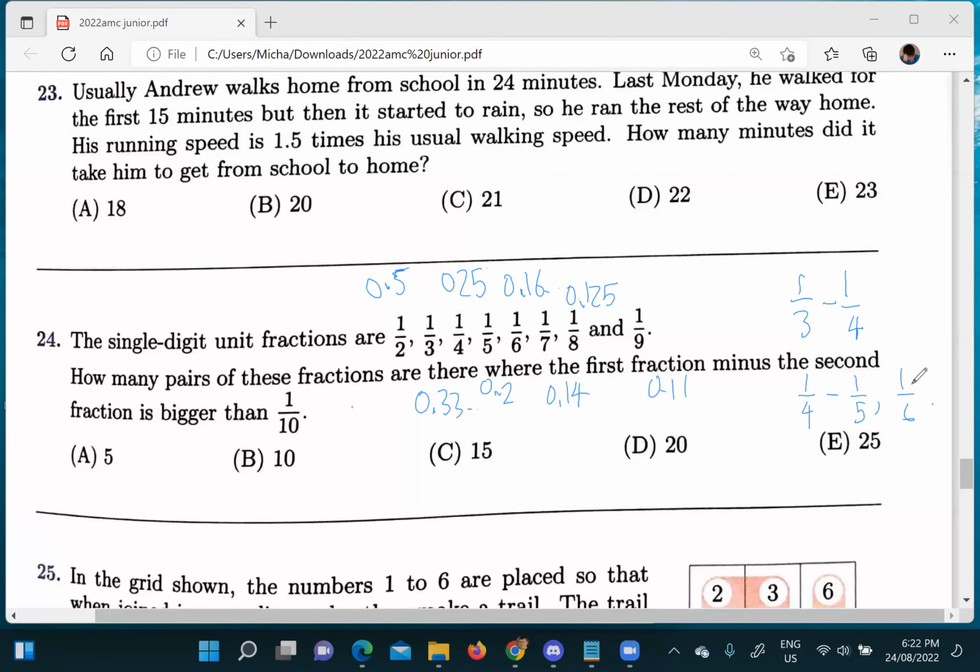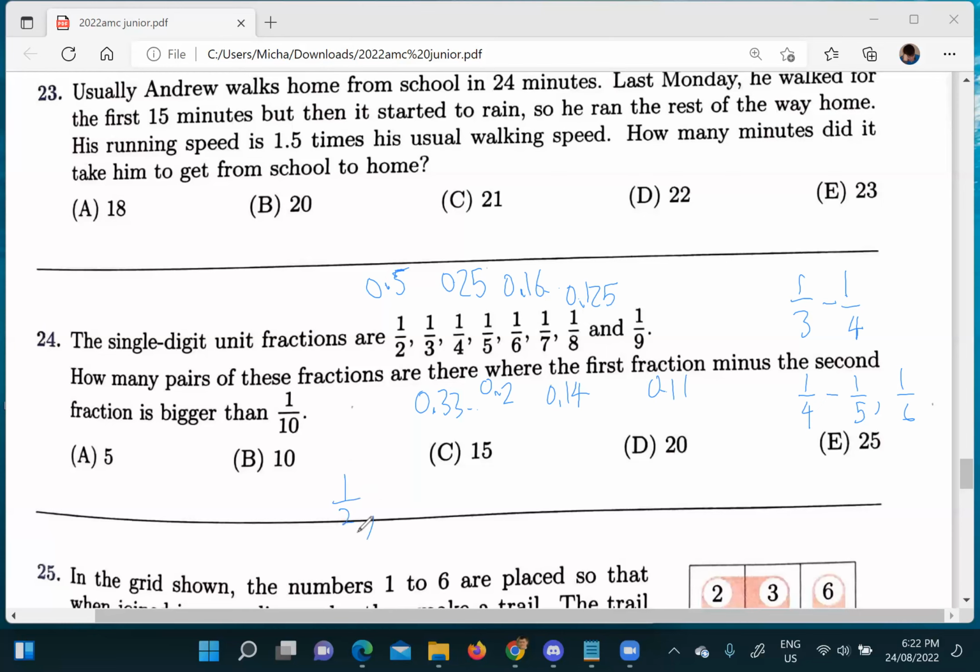So if you're subtracting from a smaller number, it's going to get even smaller, right? So once you get to a fifth, nothing works. A sixth, seventh, eighth, nothing works down there, yeah? The only things that work are a half with everything, yeah?